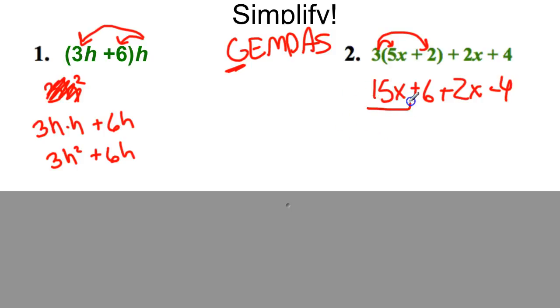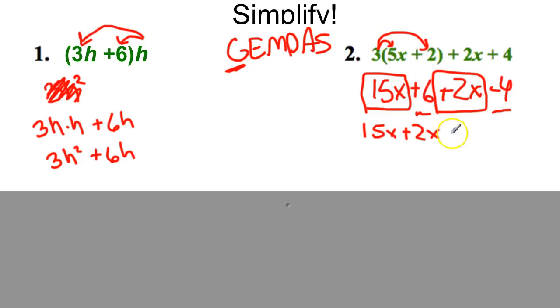So I have 15x and plus 2x. I'll write those next to each other. 15x plus 2x, and then I have plus 6 minus 4. So when I combine 15x plus 2x, how many x's do I have? I have 17 x's.